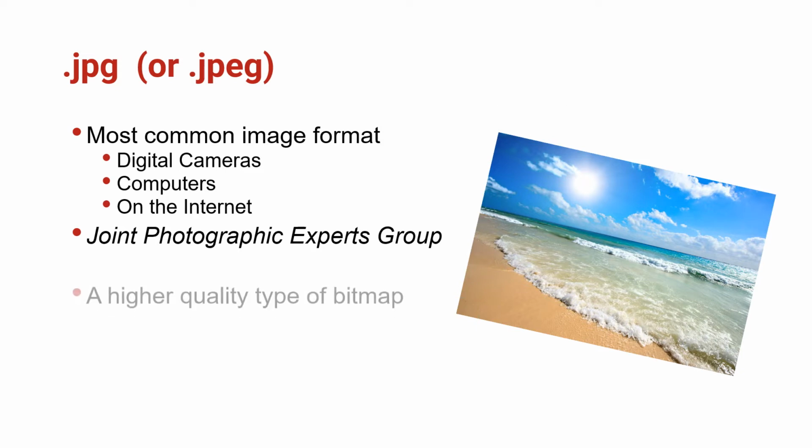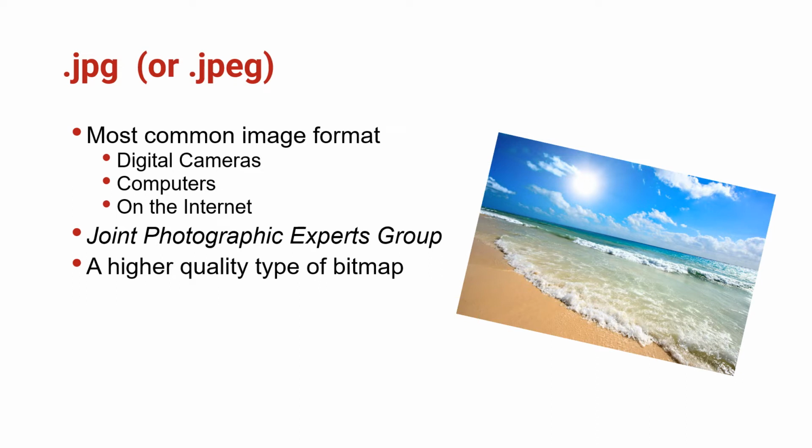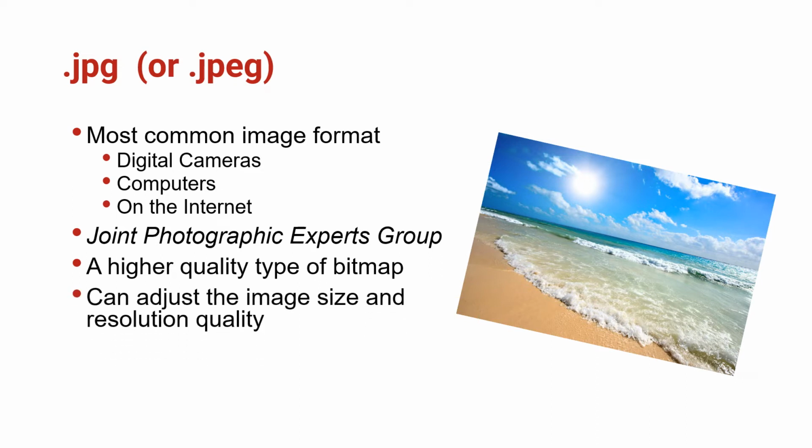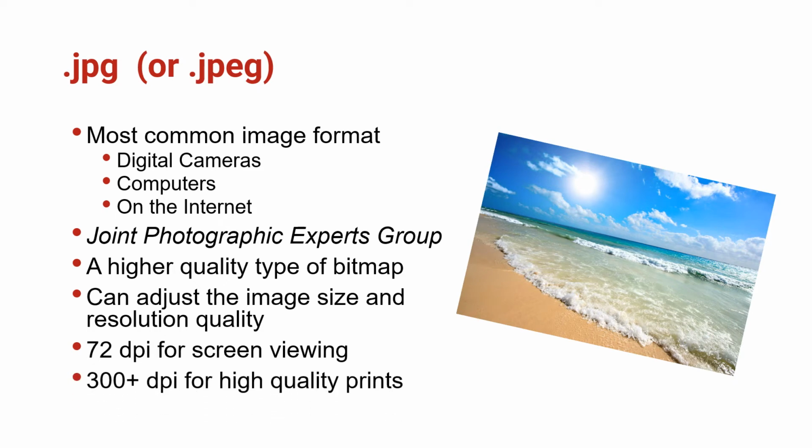It's a type of bitmap format that allows for adjustment to compression settings. That just means that you can determine your own balance between storage size and image quality. JPEGs vary greatly in resolution, from 72 dots per inch for optimal screen viewing to 300 dots per inch or even more for high-quality printing.